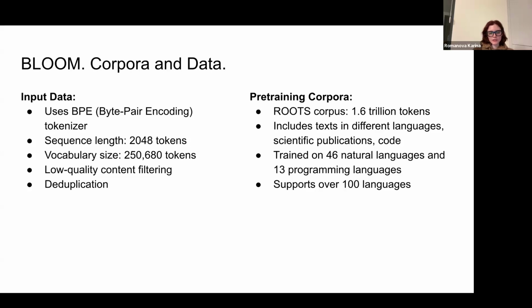And we can see a trend that people started to increase the size of the model, and also the size of the data, I mean the count of tokens in the corpora.